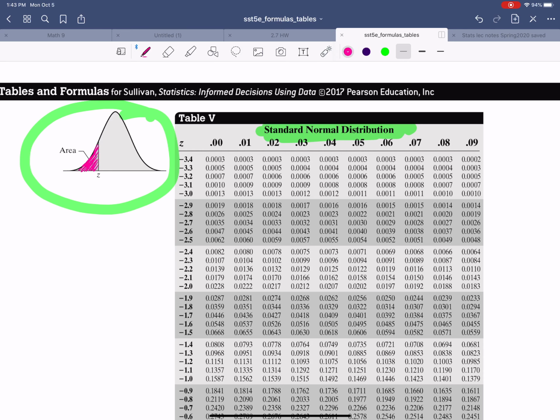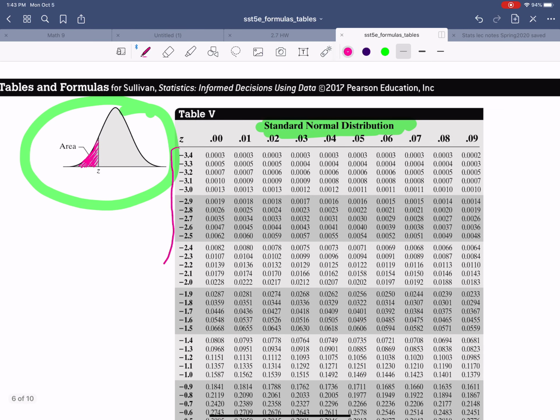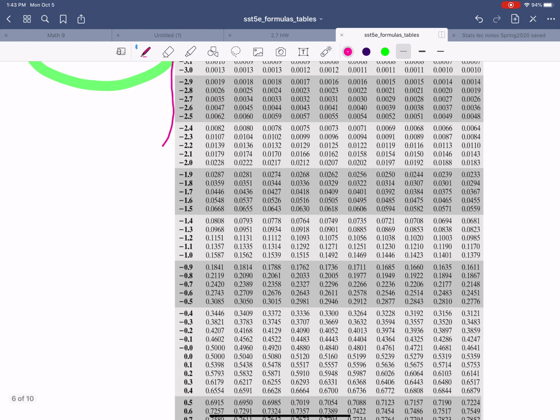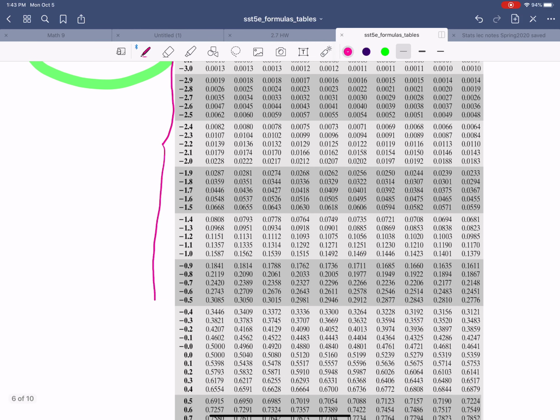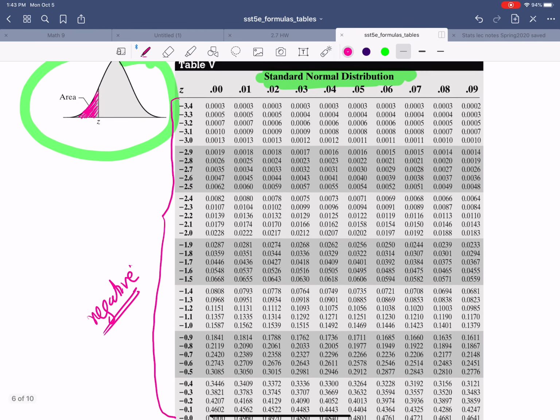All right, so how are we going to read the z-scores? There are the negative z-scores here. All the ones up to this point are negative z-scores. Some textbooks have a different table for negative z-scores and a different table for positive z-scores. And all the ones over here are positive z-scores. And how do you read the z-score?